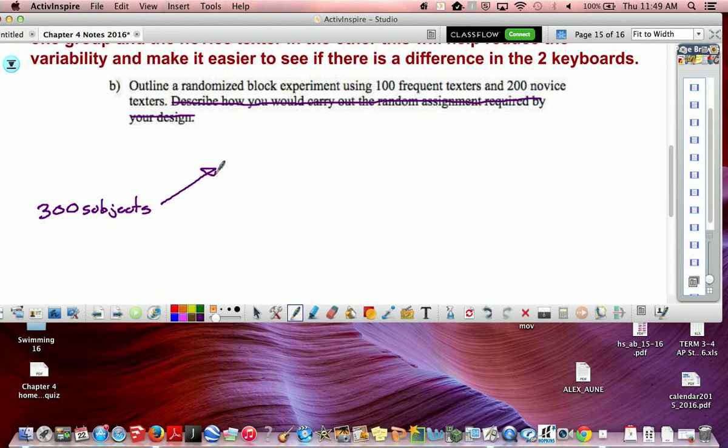So then we're going to block by the frequent texters, which we have 200, and then the novice, 100.